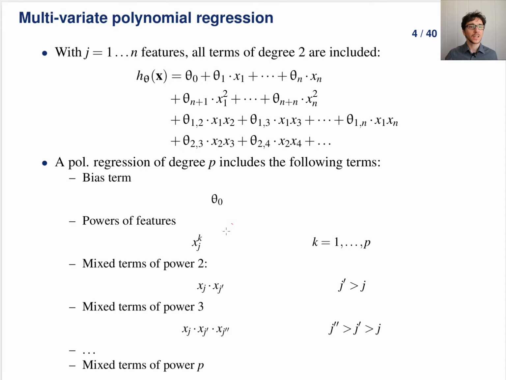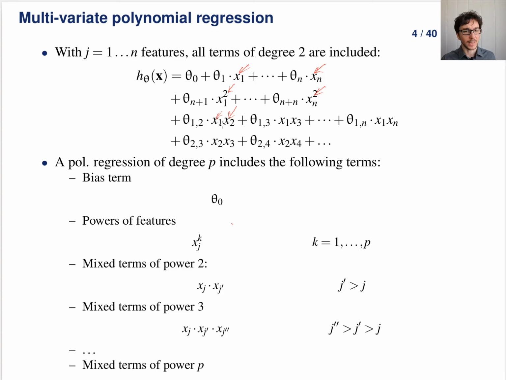Let's see what a multivariate polynomial regression looks like. So we have first the original features, then we have all the features to the power of 2. Then if our polynomial degree is more than 2, we will have all the features raised to the power of 3, etc. And then we have all the combinations of features.